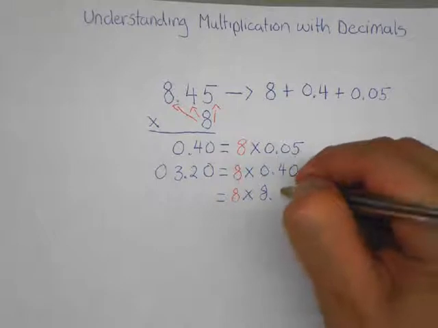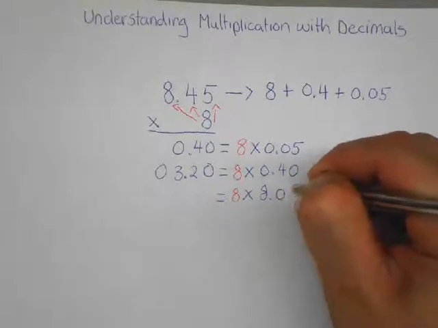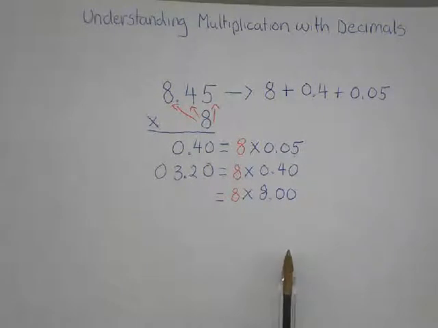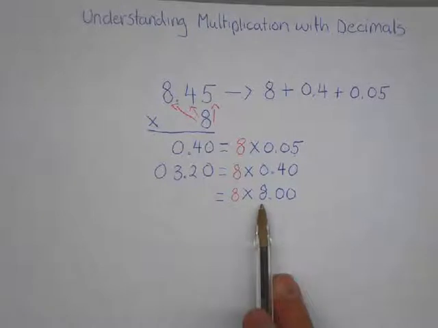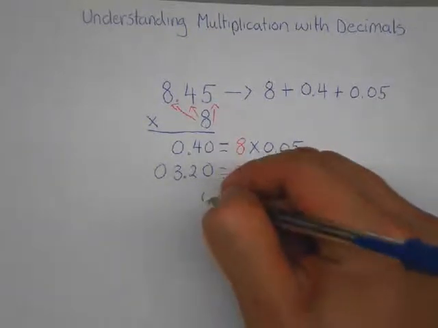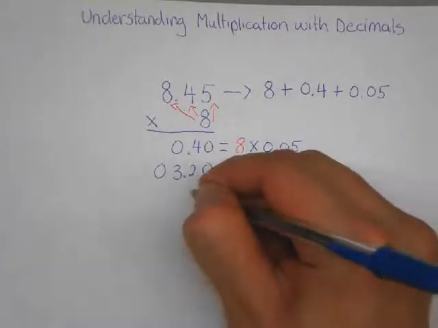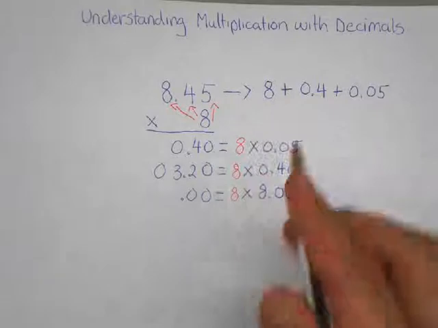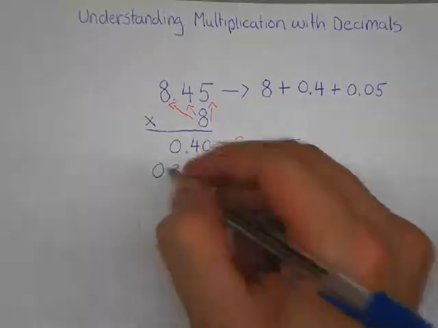So, we could change this because it's equivalent to 8.00. 8.00 is the same as 8, or 8.0, or 8 point infinite zeros. At the end, it's only going to be 8 whole numbers. So over here, we're going to go 8 times 0. We have our 2 zeros at the back. 8 times 0. We've now reached our decimal, which is always going to be in line. And now we could do our 8 times 8, which is 64.